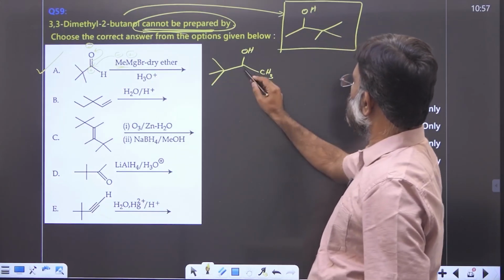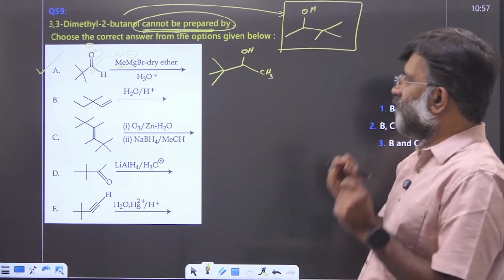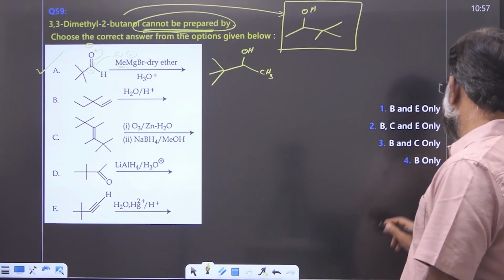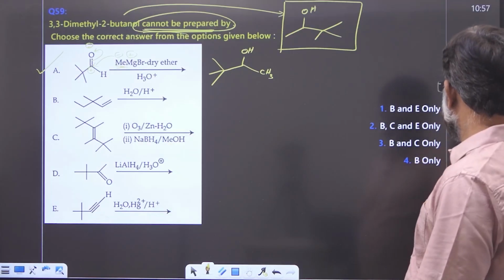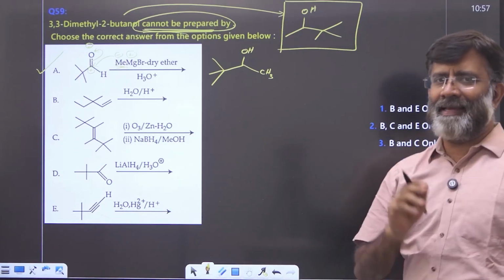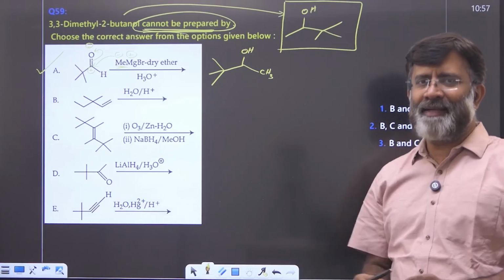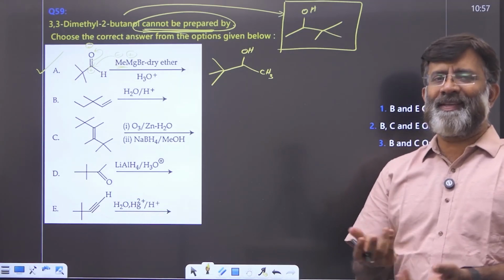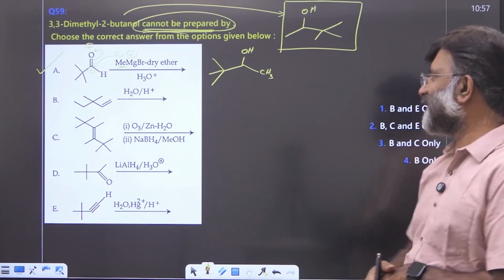You can see it is the same product. So A will give the product and it is out. There is no choice containing A in the list.